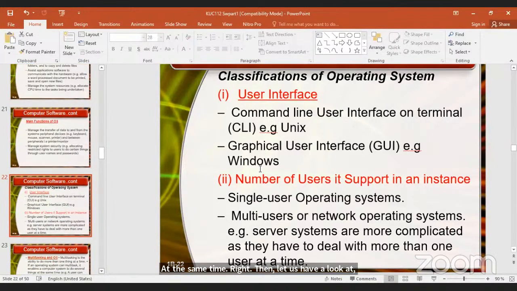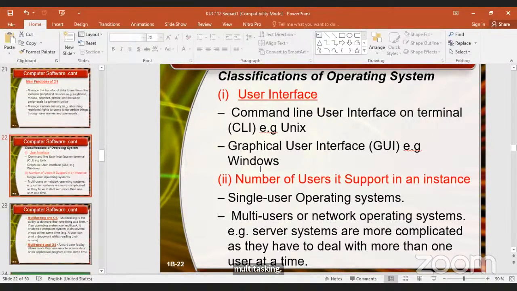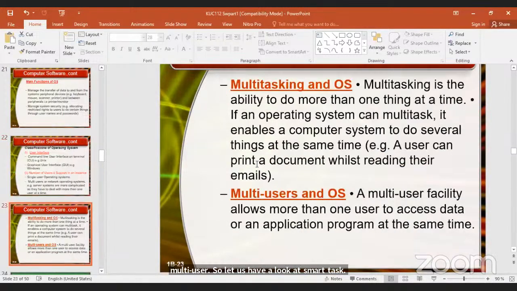Then let us have a look at multitasking. We have seen that we have single user and multi-user. So let us look at what multitasking is. Multitasking is the ability of the operating system to do more than one thing at a time. This is an improvement that came with the third, fourth, and fifth generations.